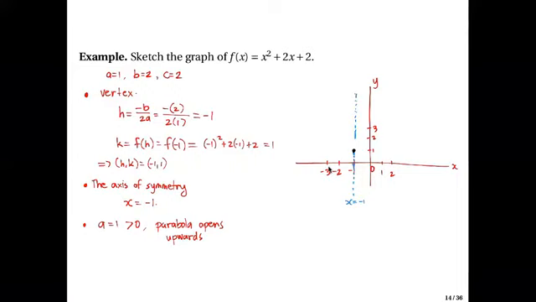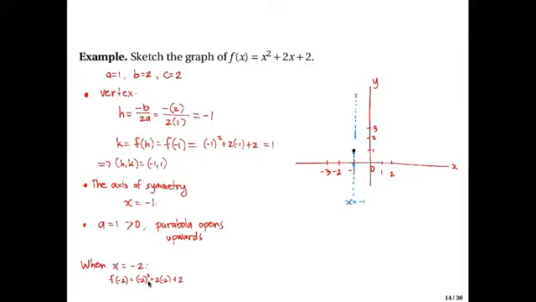Let's say when x equals negative 2, you have f of negative 2. This is negative 2 squared plus 2 times negative 2 plus 2. If you calculate this, negative 2 squared is positive 4, plus 2 times negative 2 is negative 4 here.